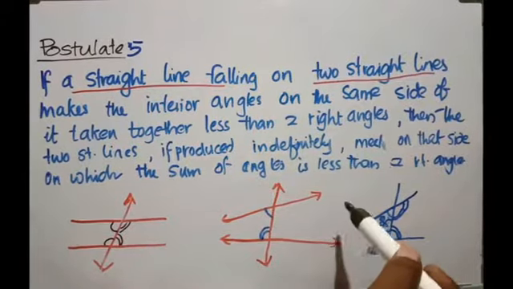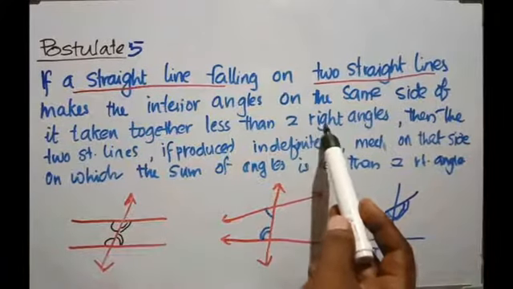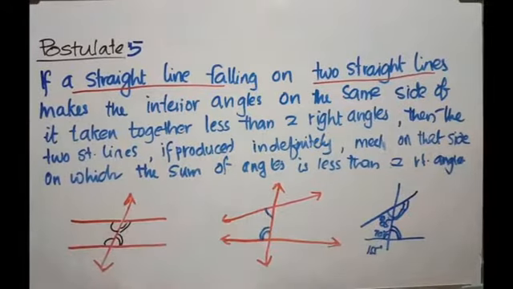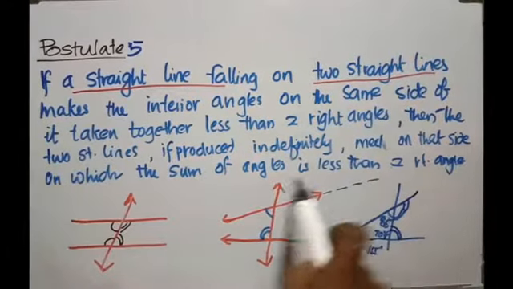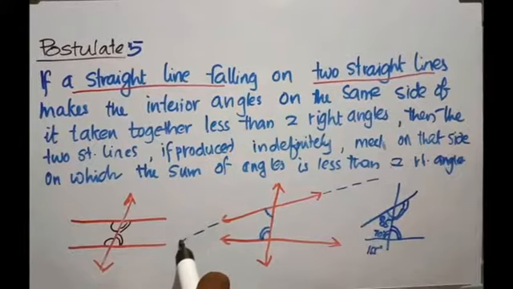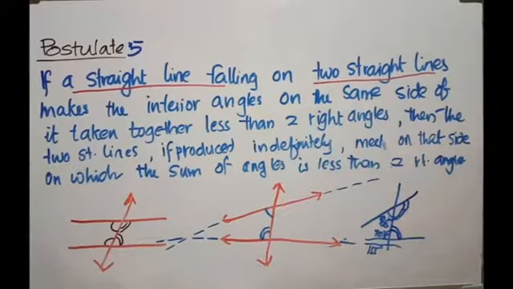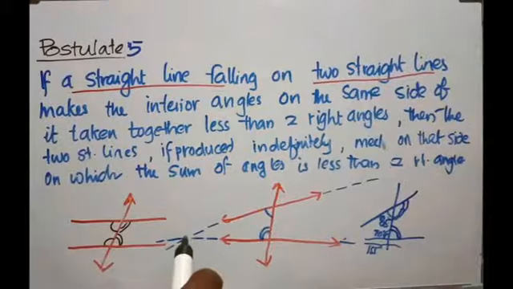So if the sum of these two interior angles is less than 180 degrees, then if we produce these two straight lines indefinitely, they meet at a point.